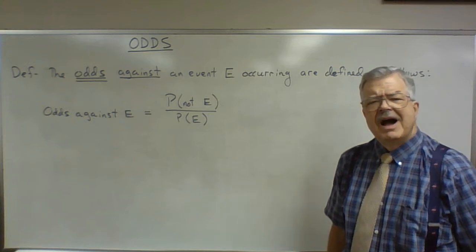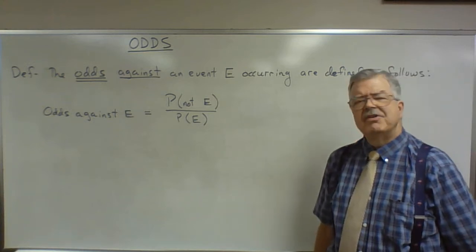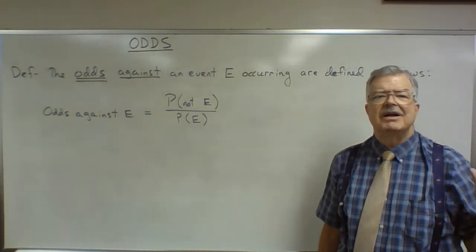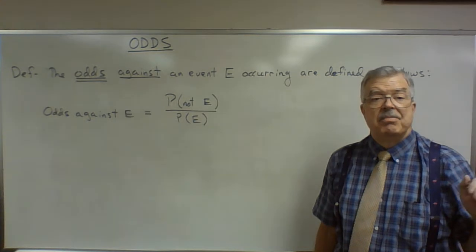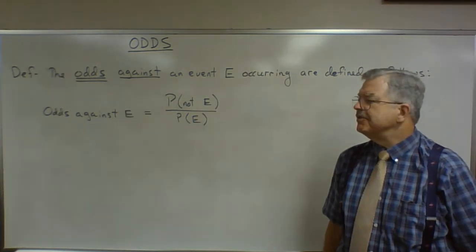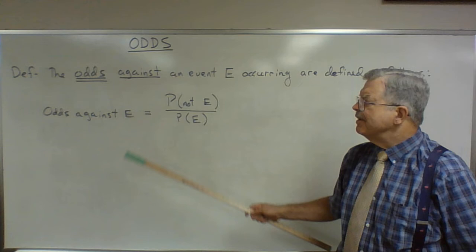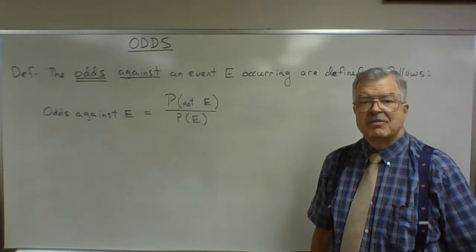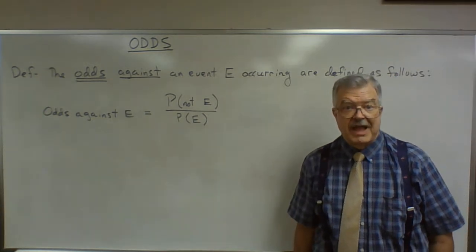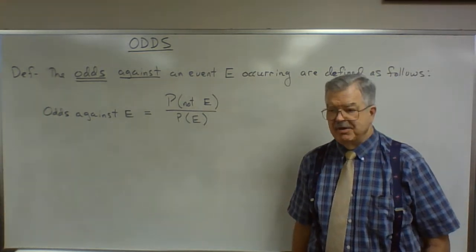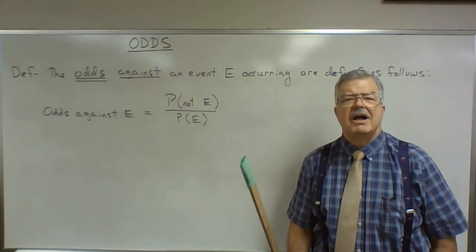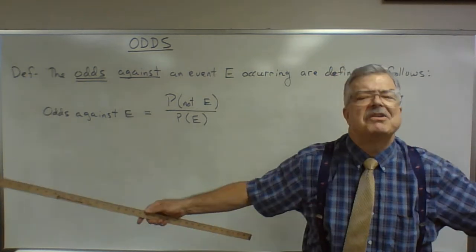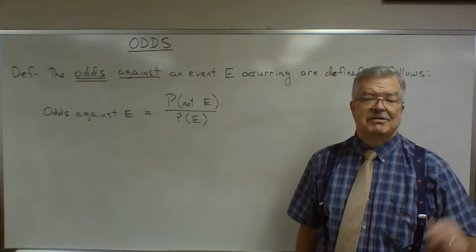Let's see. I'm not a gambler, so I'm not real familiar with odds and things like that. But in everyday conversation, we do hear statements involving the odds for or the odds against something happening. For example, the odds against a person getting struck by lightning in their lifetime is 1,000,000 to 1, or thereabouts.